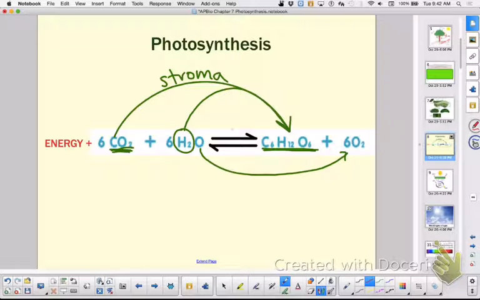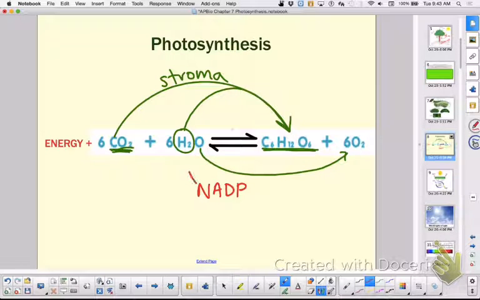Okay, now, are you ready? We talked about an energy transfer molecule. Do you remember the name of the energy transfer molecule we're going to use in photosynthesis? What is it going to be? NADP. Here's the deal.